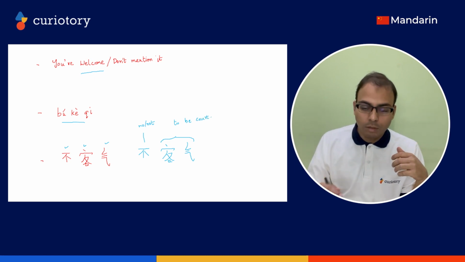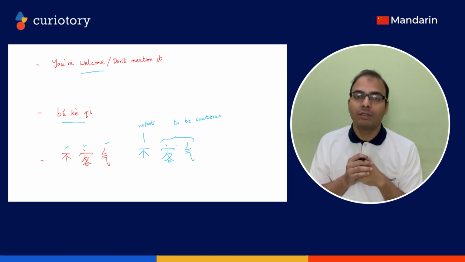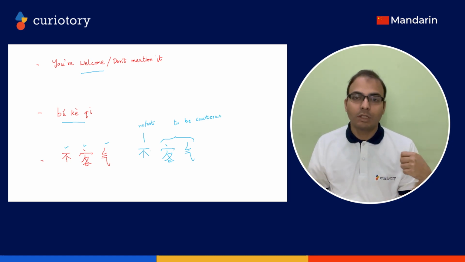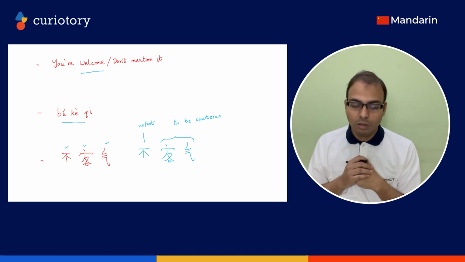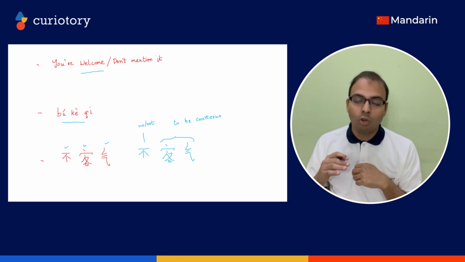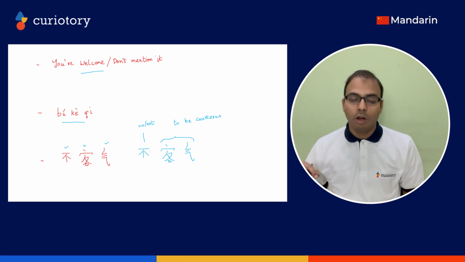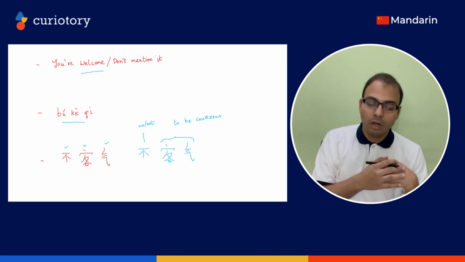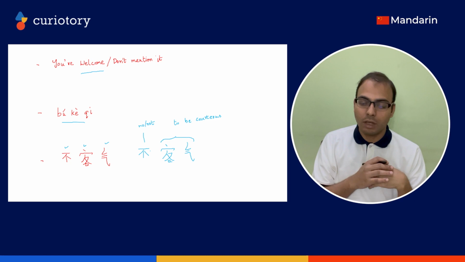So pu khe chi basically means no need to be so much courteous. Its meaning can also be derived like no need to be courteous, or you are welcome, or no need for thanks. So all these three can mean pu khe chi.